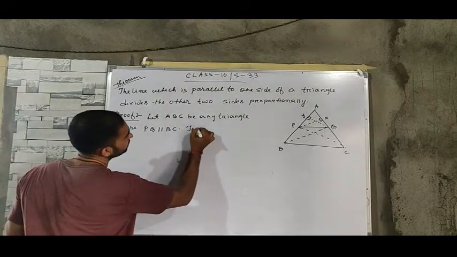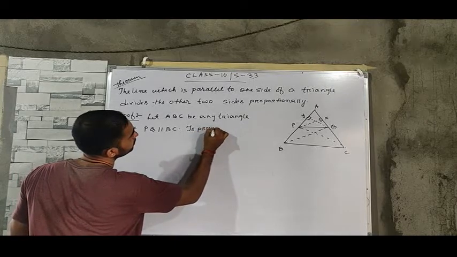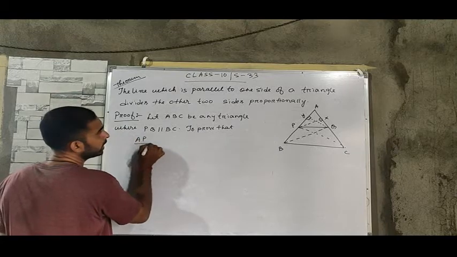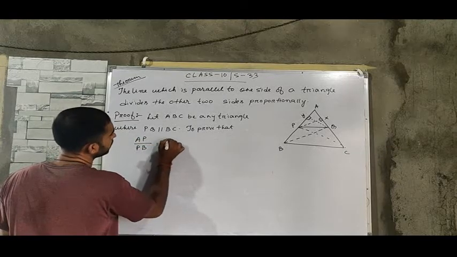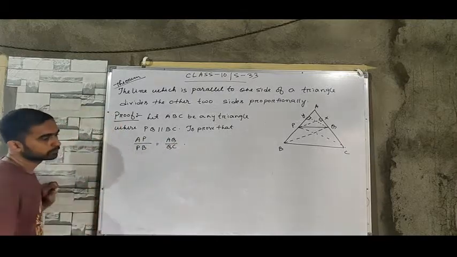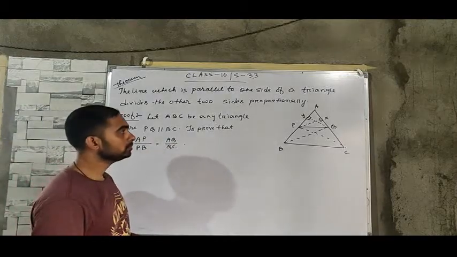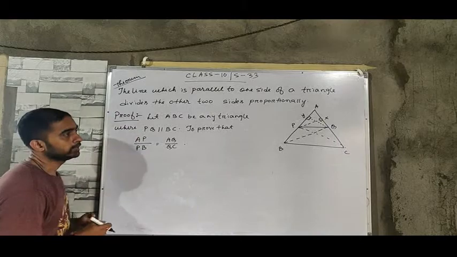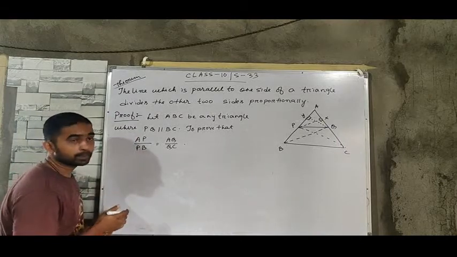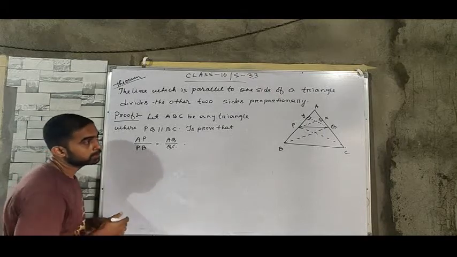To prove that AP by PB equals AQ by QC. The line PQ is parallel to the side BC.